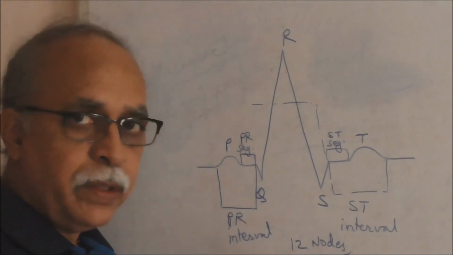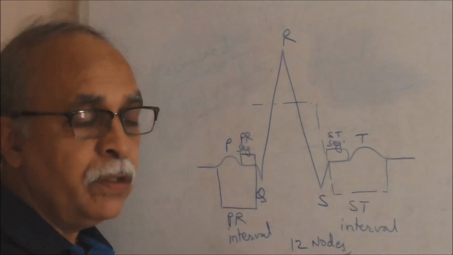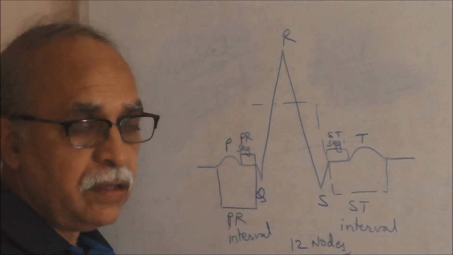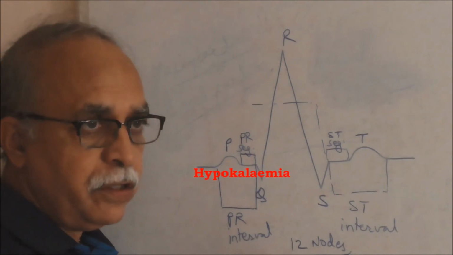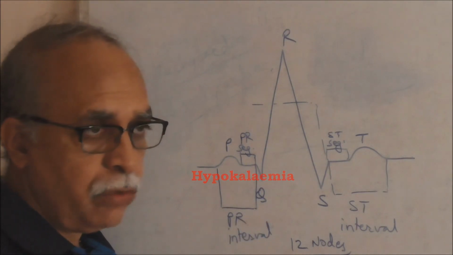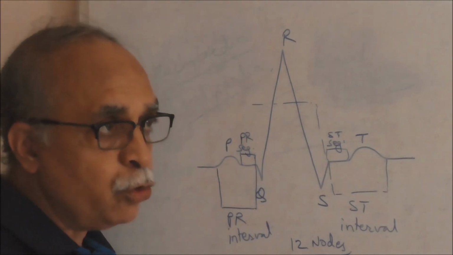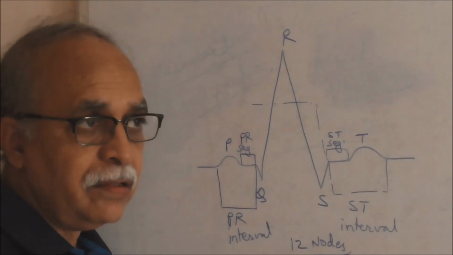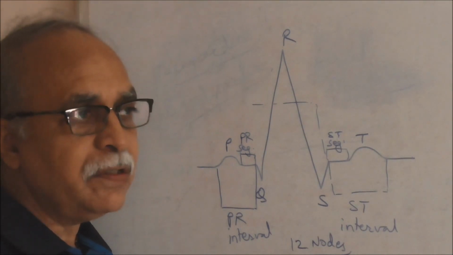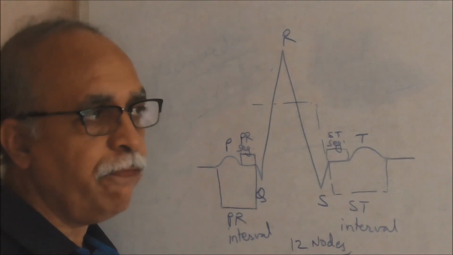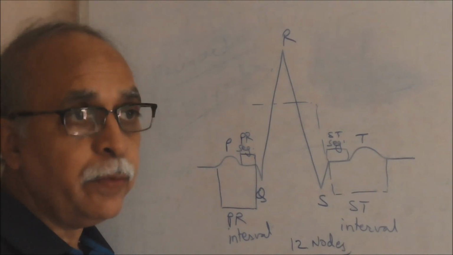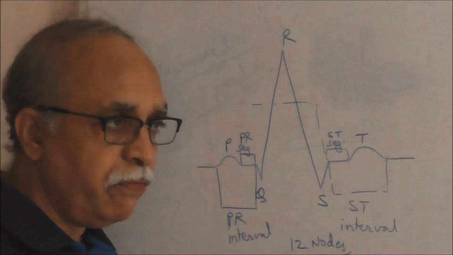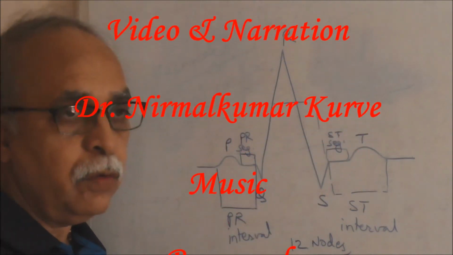That can be detected with the electrocardiogram. Sometimes it could be too low, hypokalemia it can be called. That is also possible to detect with electrocardiogram. So electrocardiogram is a diagnostic technique which can help us in identifying a variety of cardiac disorders. Some of them can be detected very well in advance, and their further consequences can be checked well in time.